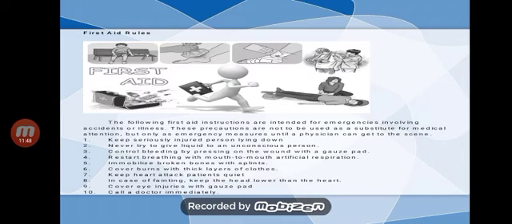Fifth, immobilize broken bones with a splint. Sixth, cover burns with a thick layer of cloth. Seventh, keep a heart attack patient quiet. Eighth, in case of fainting, keep the head lower than the heart. Ninth, cover eye injuries with a gauze pad. Tenth, call a doctor immediately.